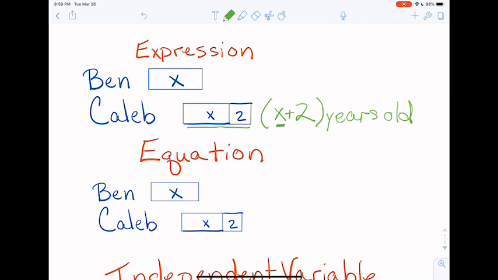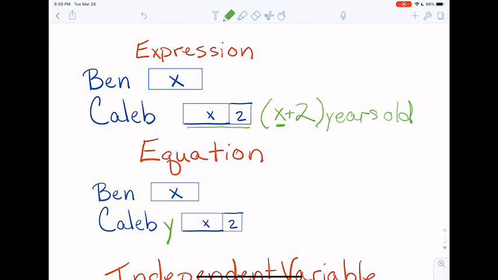If we want to make that an equation, we'll look at it a little bit differently. We'll say that Ben is X years old, and we'll say that Caleb, well, we're going to represent him with another variable.